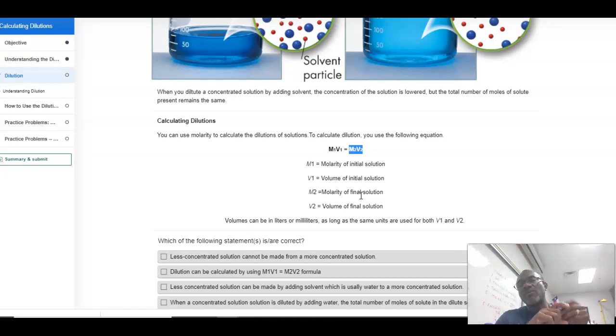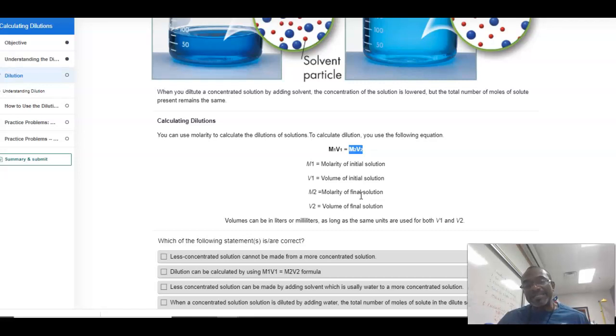Now, what happens if one of them is in liters and the second one is in milliliters? The only way you can do that is to convert one of them to the other. That means if V1 is in liters and V2 is in milliliters, and you want to use milliliters, you have to change V1 to milliliters by multiplying whatever value you have in liters by 1000.